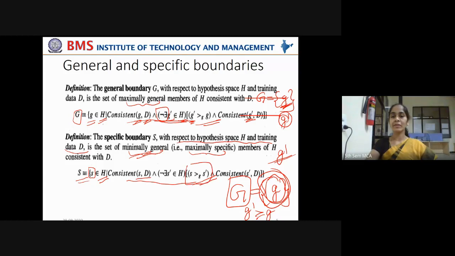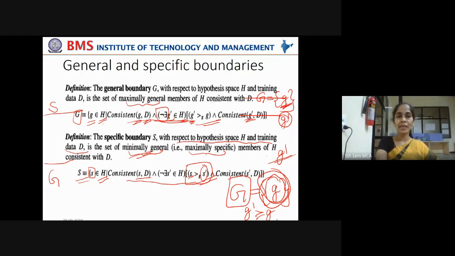Observe this. There should not be any specific hypothesis S dash which is more specific than S. Read it the other way. S should not be more general than S dash, meaning S should not be inferior to S dash. If you take S as the specific boundary and G as the general boundary, these are the boundaries.